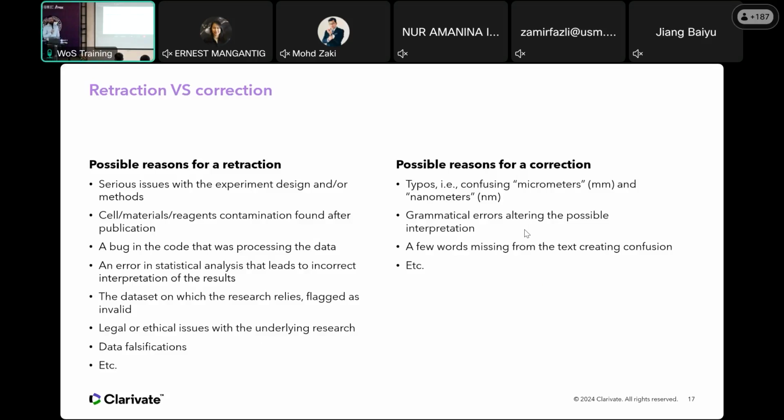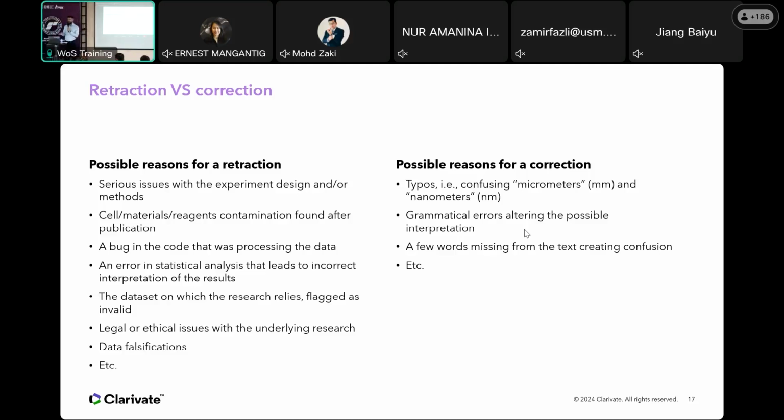Same goes in case there are grammatical errors that might lead to possible different interpretation, or as I noticed in a few cases, if there are words missing from the document. So, for example, there was a title field for your document and just two words disappeared from it, changing the perception of what this document is about. This can also happen. That can be covered with the correction.